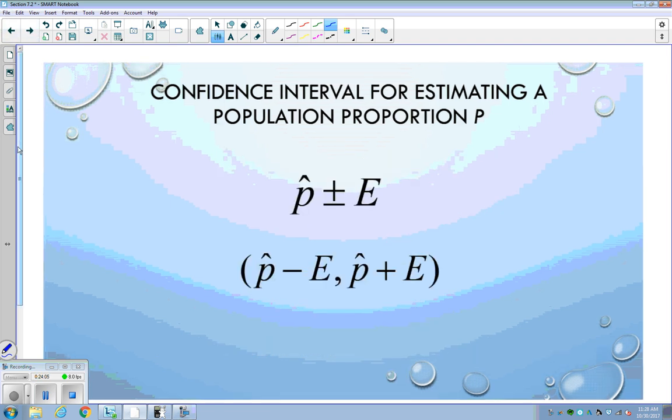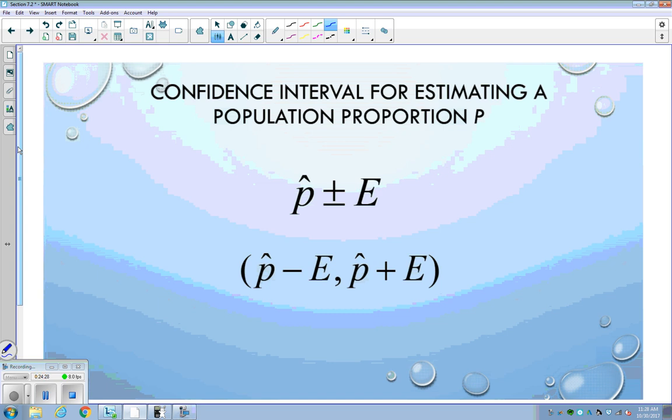Okay. You can put them in 2 different versions. You can say p hat plus or minus the margin of error. And then you can put them in interval notation. Does everybody remember interval notation from algebra? It means it's going to be between this number and this number.